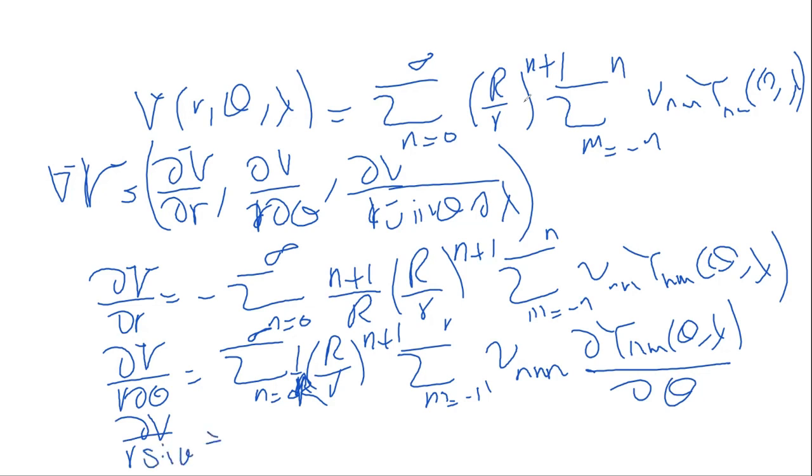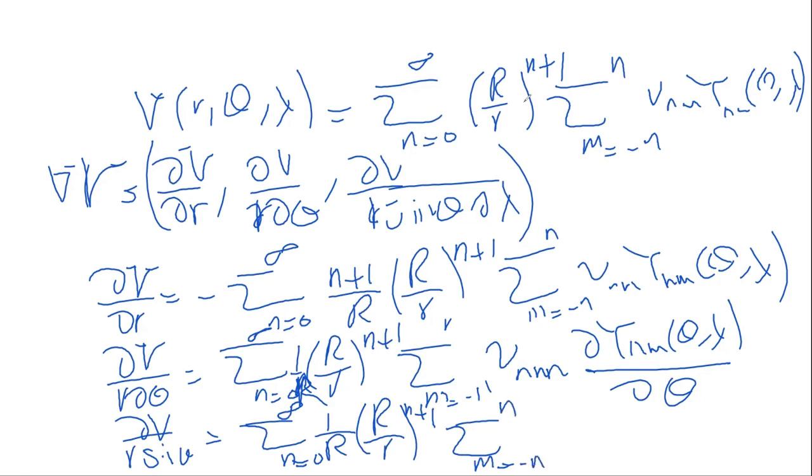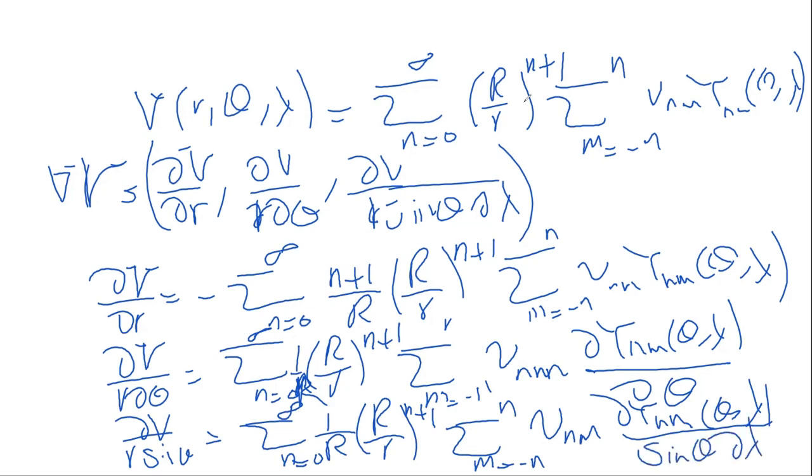And the last one, r sine theta, I will write sum from 0 up to infinity, 1 over R, R over r to the n plus 1, summation m, V_nm, Y_nm theta and lambda, sine theta. So we have the derivatives or the gradients of the potential, which are the acceleration in the local frame.